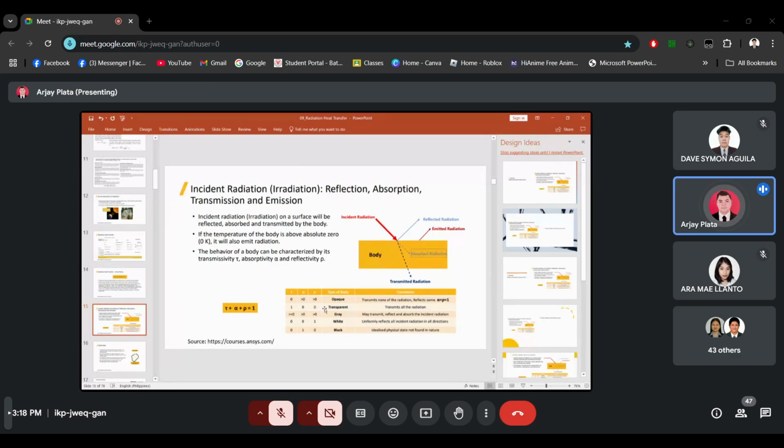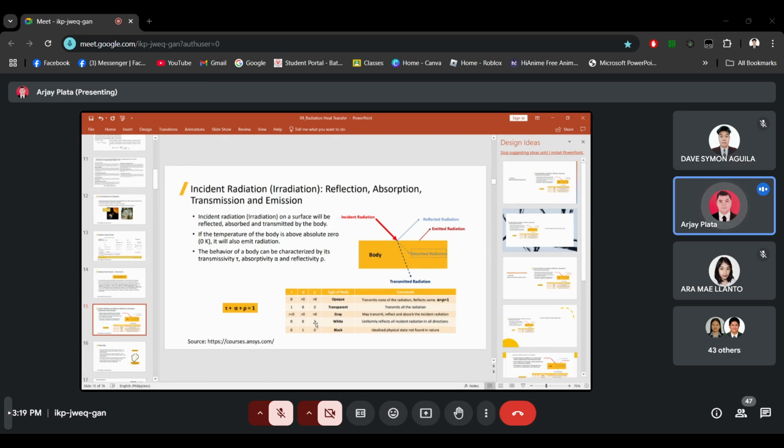The white body uniformly reflects all incident radiation in all directions, so reflectivity is 1. And finally, the black body, an idealized physical state not found in nature. The absorptivity for the black body is 1, while transmissivity and reflectivity are 0.